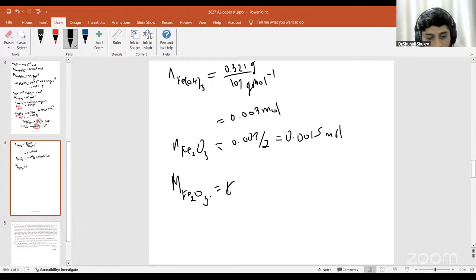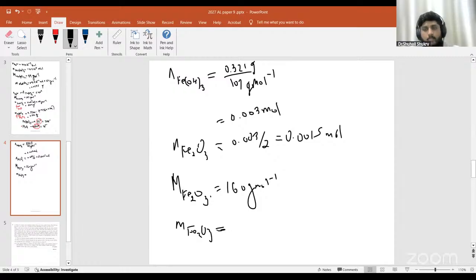It is 160 grams per mole. So you can find the mass of Fe2O3: 0.0015 moles multiplied by 160 grams per mole.